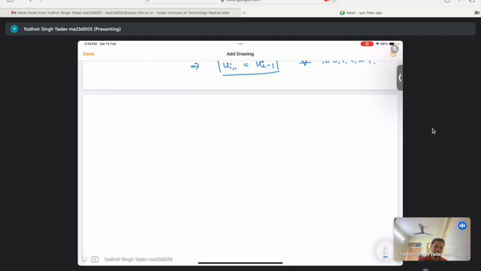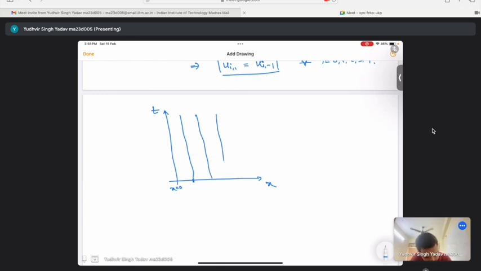Now, if we try to see the grid that we are required to solve, the x and t directions are represented by this. The starting point is x equals 0, and the step size is 1 by 4. So it is 1 by 4, 1 by 2, 3 by 4, and 1.